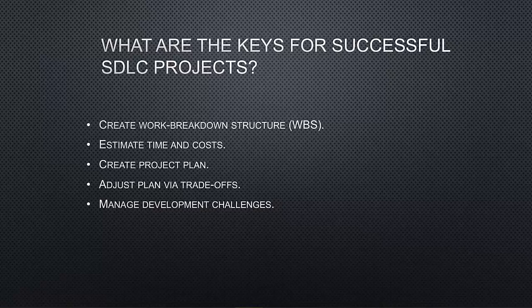You're going to create your plan. In other words, map out basically whatever you know you have to do. Again, the project management tool is going to help you with that. And then, of course, you're going to have to make adjustments. You're going to have to give things up, for example, that you can't do in time.